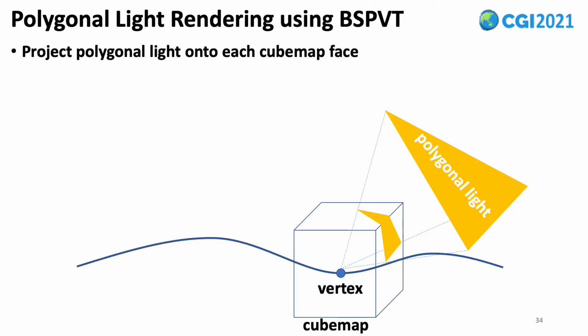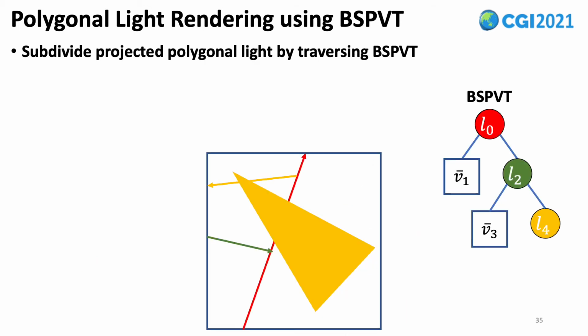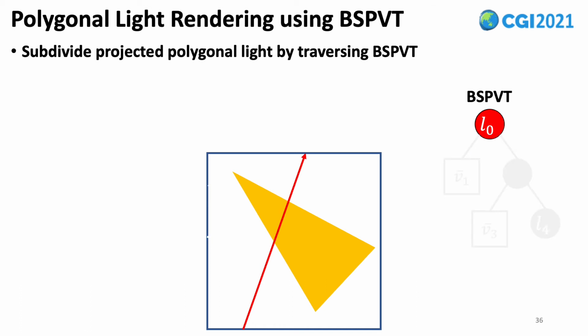To render a scene using BSPVTs, the polygonal light source is projected onto each face of the cube map. Then our method subdivides the projected polygonal light source by traversing a BSPVT. The projected polygonal light source is subdivided by the split line associated with each inner node.